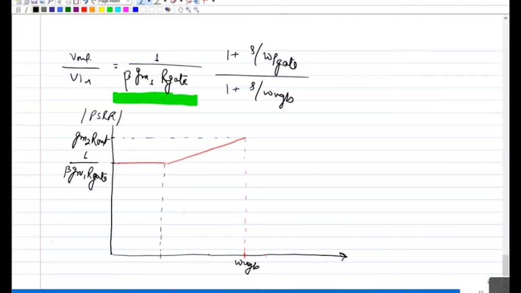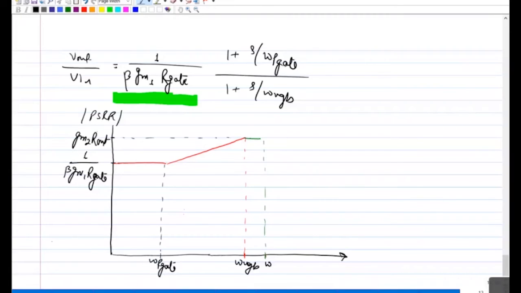Okay, so what will happen after this? What will happen after omega UGB? So it has a pole, flat. Okay, and then let's say this was your omega P gate.